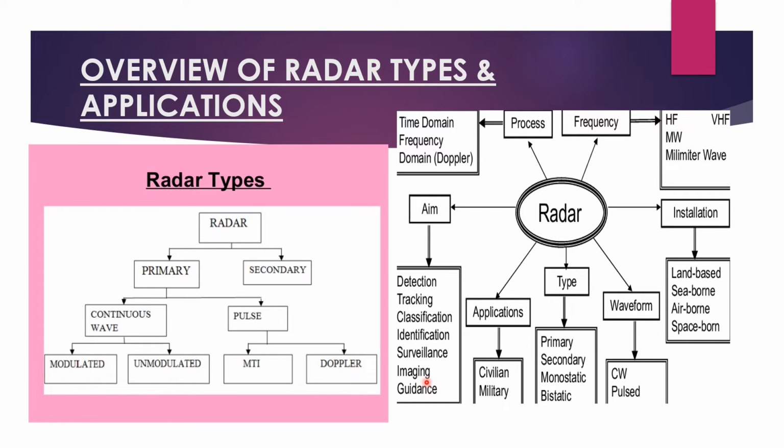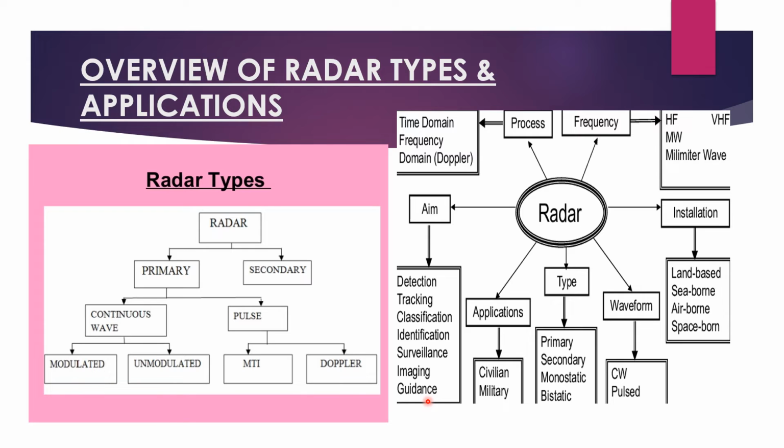Then imaging and guidance. Yes, radars are used to guide missiles also. If you have a missile and you want to send it to the enemy area, the radars continuously provide signals to the missile so that it can go in the dedicated direction in a guided way.